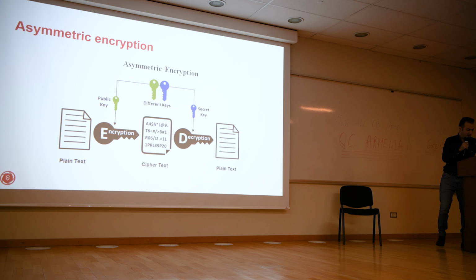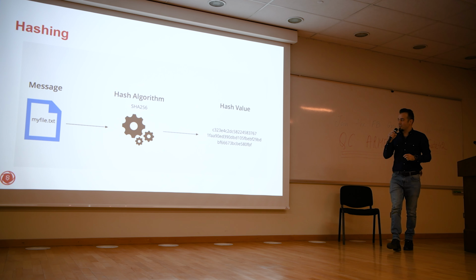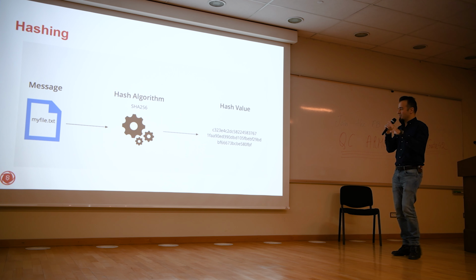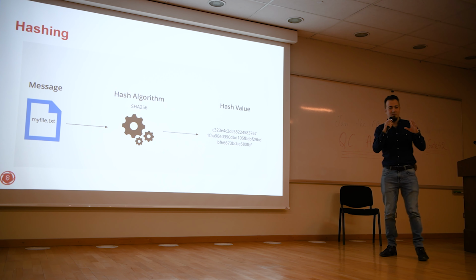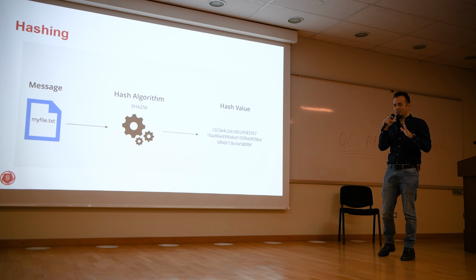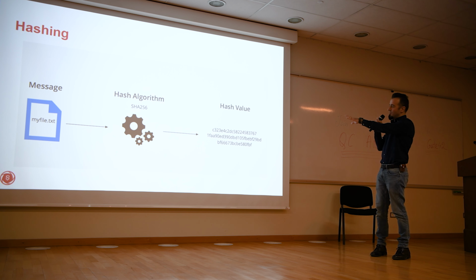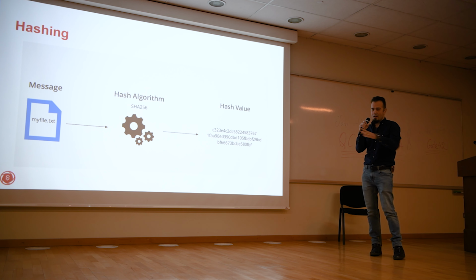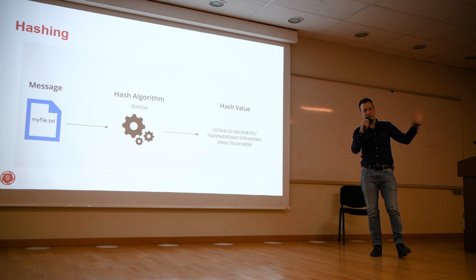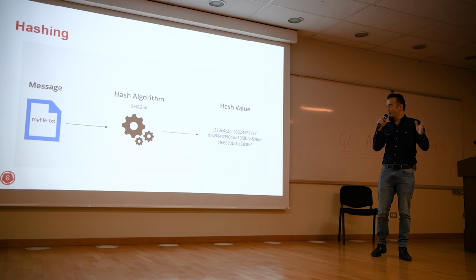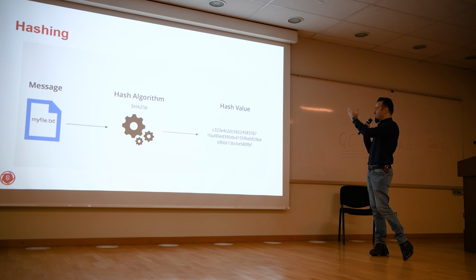So the third thing is hashing. It's not really encryption. What hashing does, you give some data to the hashing algorithm, in this case, for example, SHA-256. You give it some data with arbitrary length, and it returns a fixed length result.